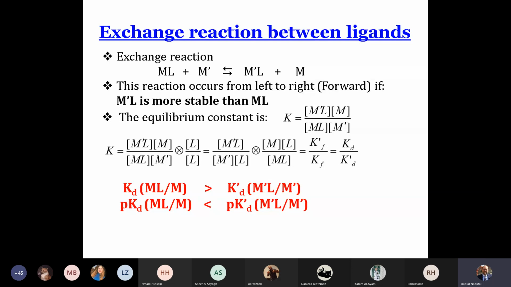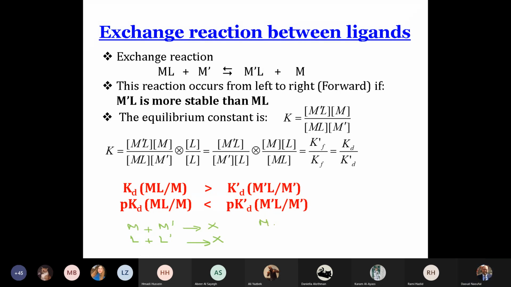We pass to the complex. M plus M prime, metal ion plus another metal ion, no reaction. Metal, a ligand plus another ligand, no reaction.